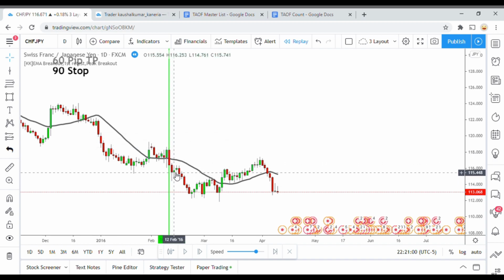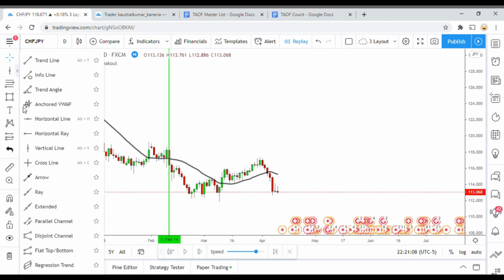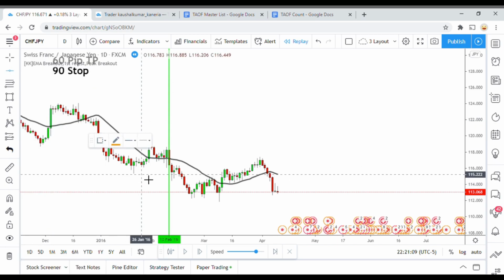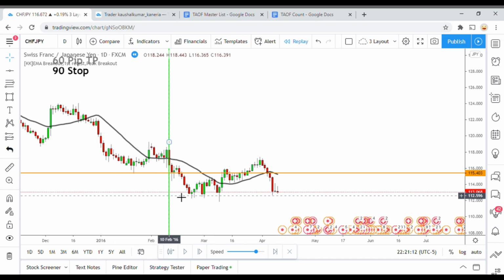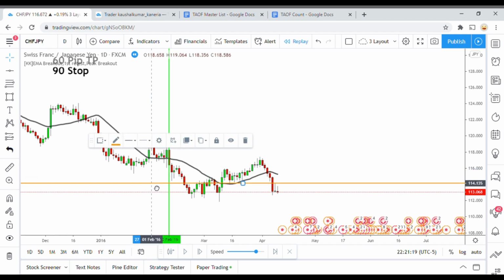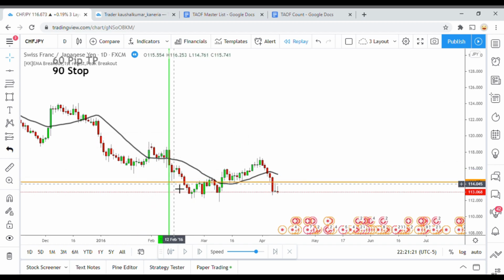You can see that shortly after we get a few green candles that come back towards the moving average, and then right about there we get the break of the body of that candle. Or you could take this one here, which is the break of the lowest point of that initial move before the pullback took place. And then you could take a trade below that line.